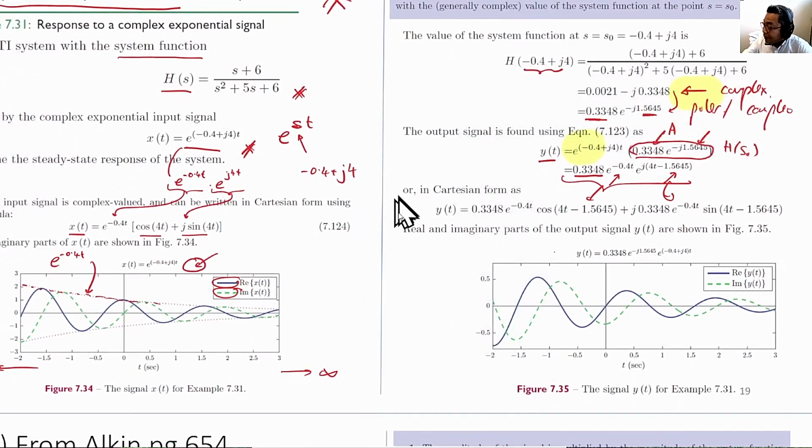You can now compare this against this, and you will see that originally the input is about 1 at time 0, and now at time 0 it is 0, so there's a phase shift and it has become smaller. Look at the blue one. Because the gain is 0.3348, it means that it has multiplied the original signal and scaled it down to 0.3348. Additionally, it has introduced a phase shift of -1.564.